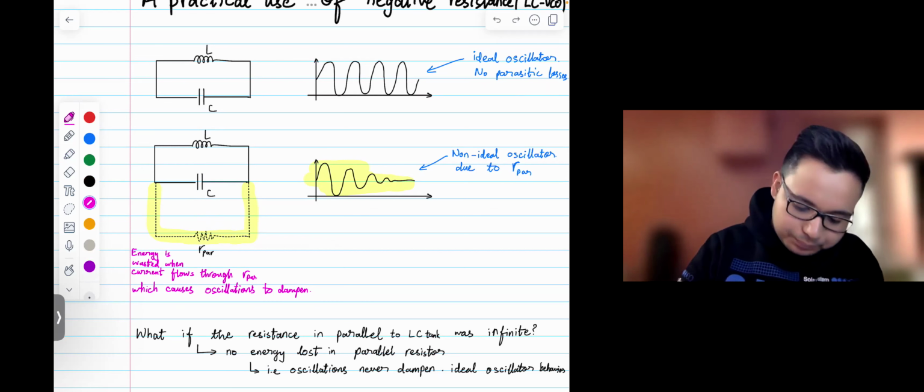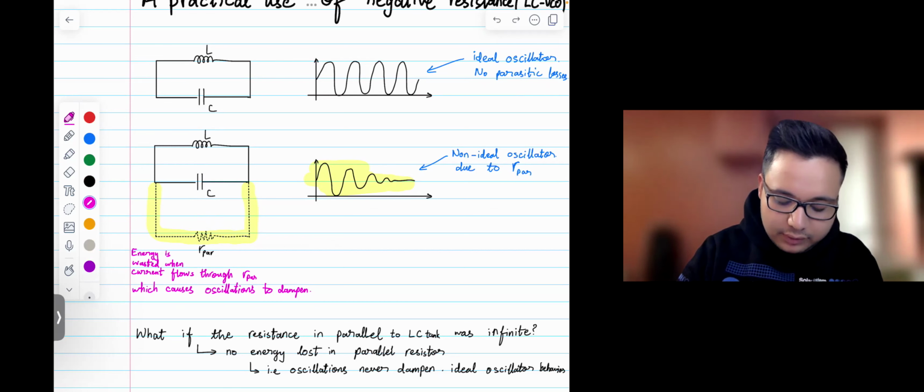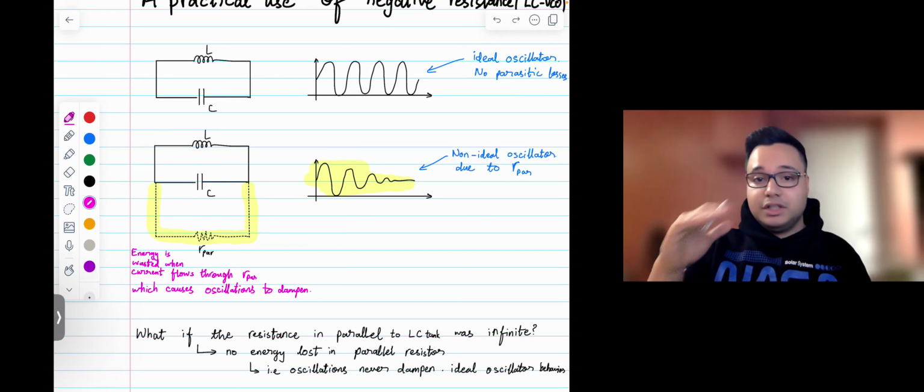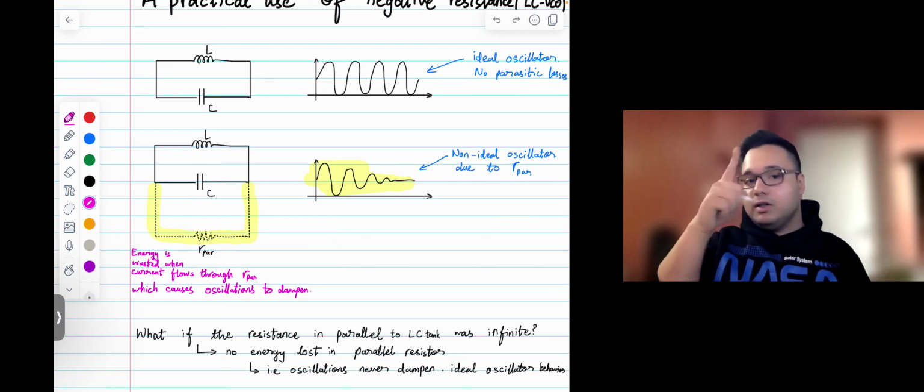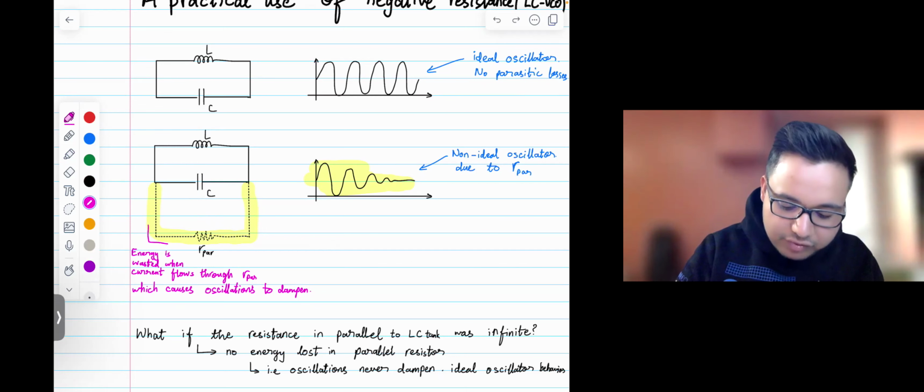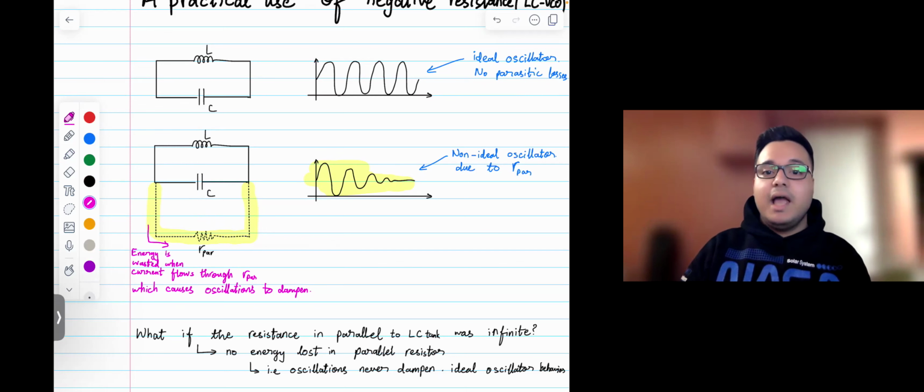And so the reason for the oscillations to damp out is that every oscillation cycle, some current flows through this parasitic resistance, and the energy is lost due to heat when current passes through this resistor, right?